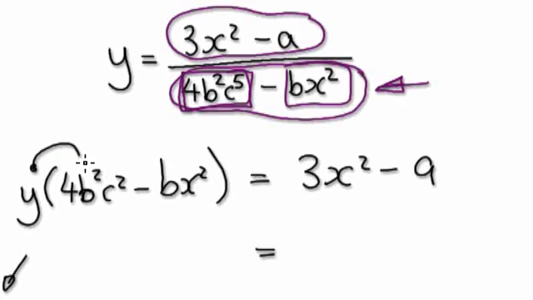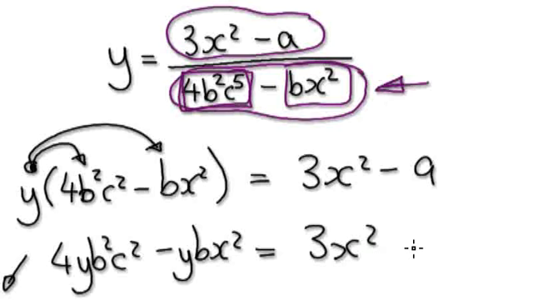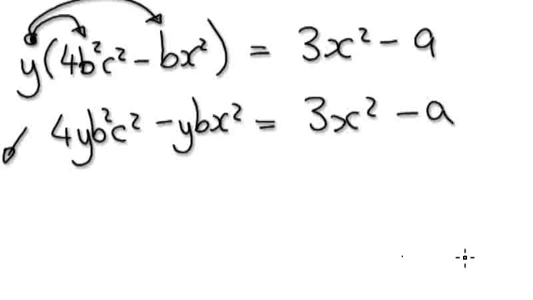And now get this times this, that would be 4yb squared c squared, take away, now get this times this, so this would be ybx squared, and this would be 3 blah blah.